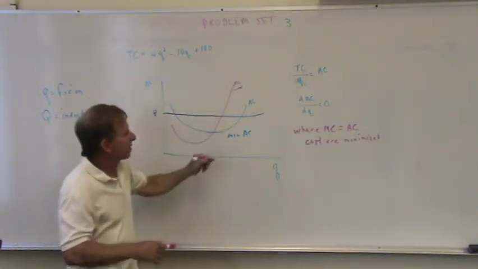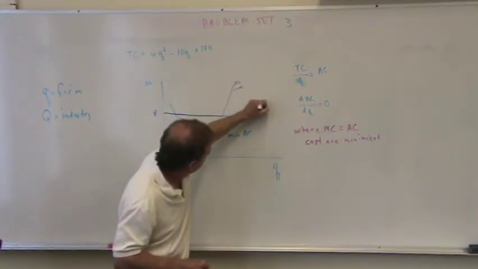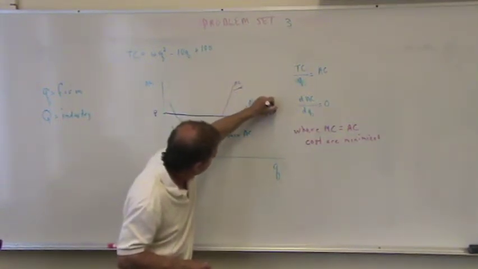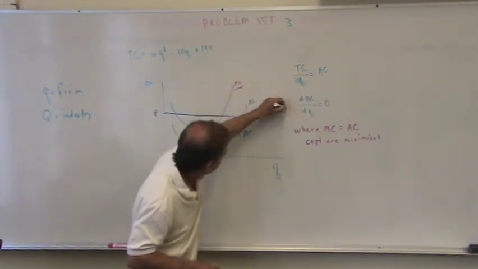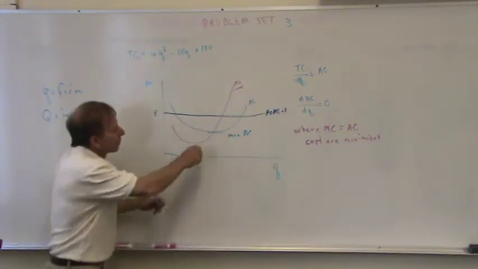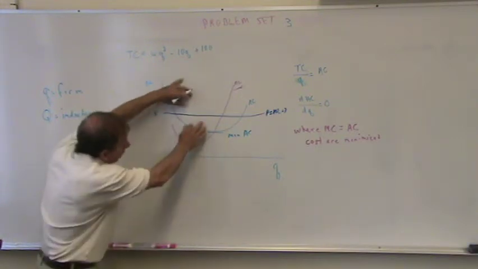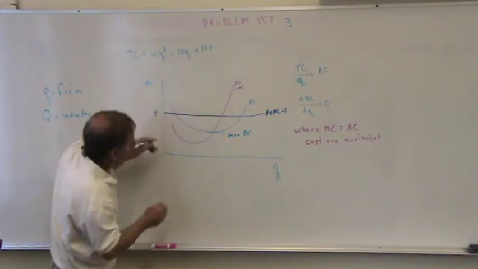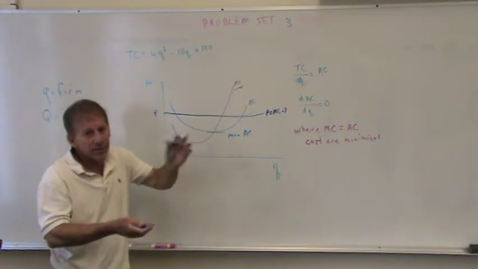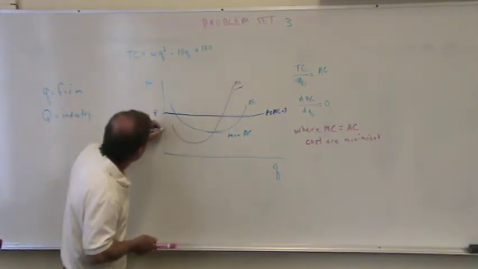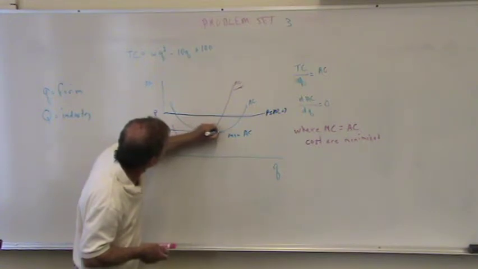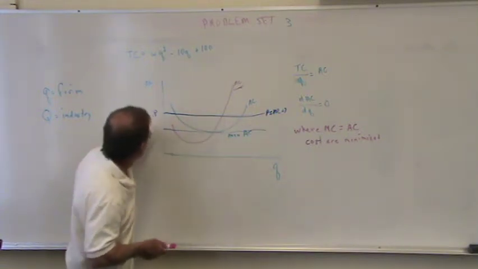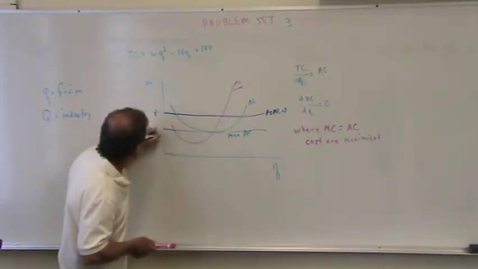In a competitive industry, this is the price or demand curve, also the marginal revenue line. If there's profit, then more companies will enter the industry, and enter and enter. But in the long run, the price cannot go any lower than that. That's the lowest price they can charge in the long run.